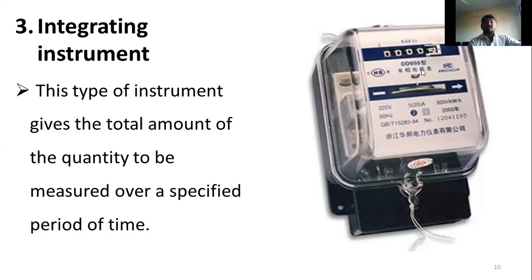But how is it going to count this? What quantity is it going to measure? The power. Power with respect to time. For 3 kilowatt power, how many minutes we have used, that it will convert into energy, and that energy is converted into per unit.